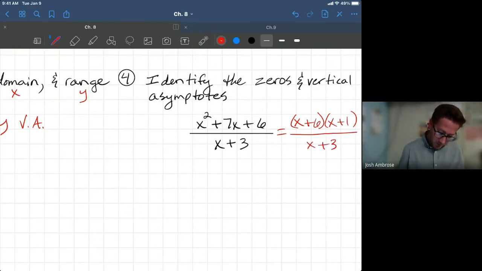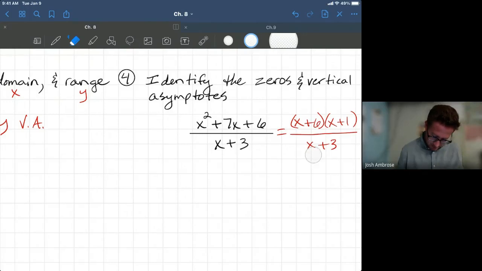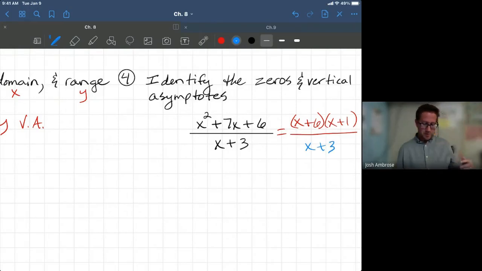Okay, so if we were to solve the top, actually, let's make this a different color so that we can make the connection that red will go for the zeros and the denominator will go for the vertical asymptote. Okay, so when we solve the individual pieces up top, x plus 6 equals 0, you're going to get x equals -6 and -1.